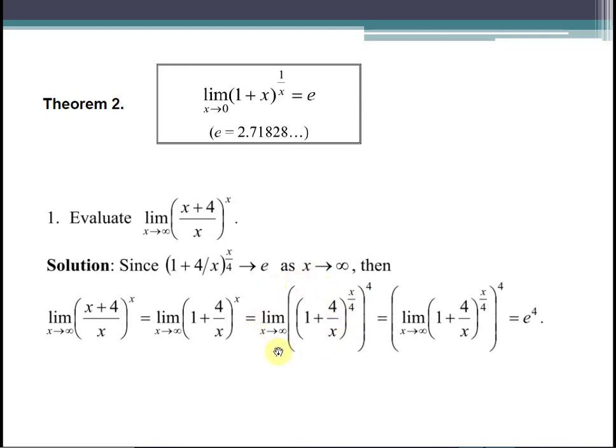Look here, because the limit as x tends to infinity of 1 plus 1 over x, the power of x, but here we have 4 and here also we have 4. We transform to this formula, and now this is the number e. So we have e to the power of 4. The answer is e to the power of 4.